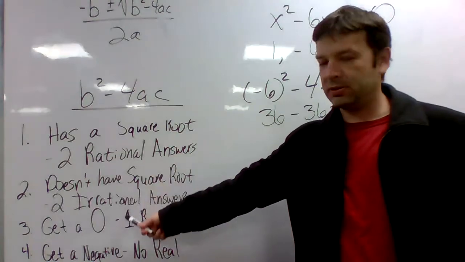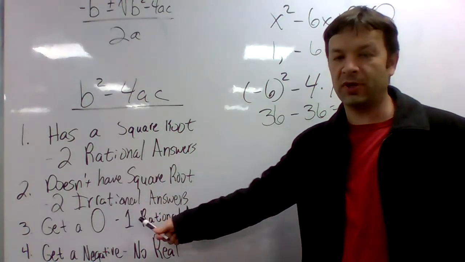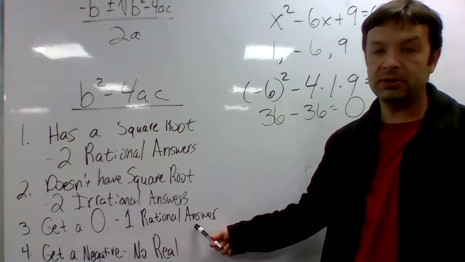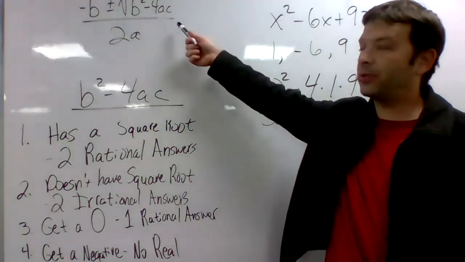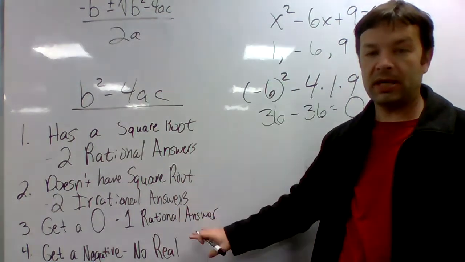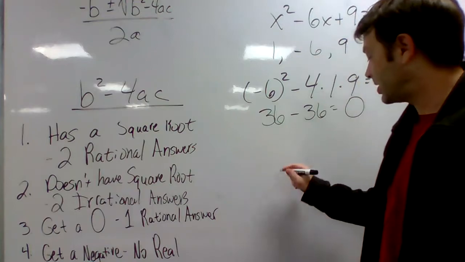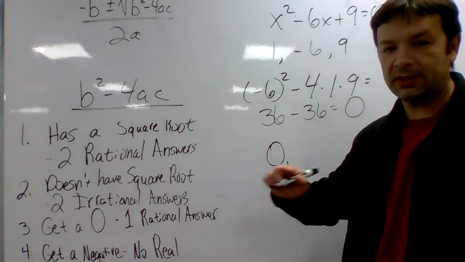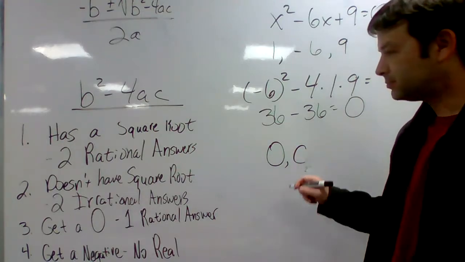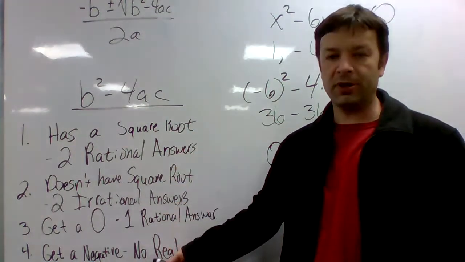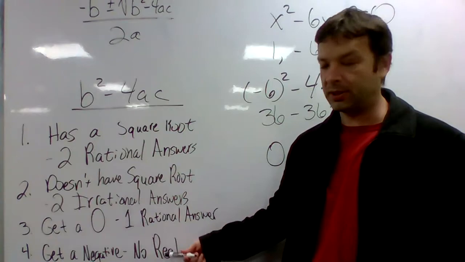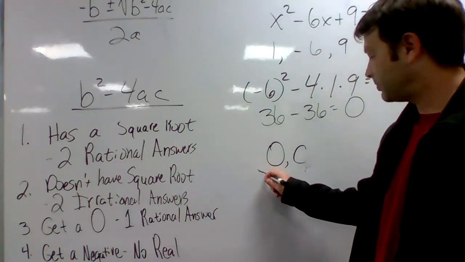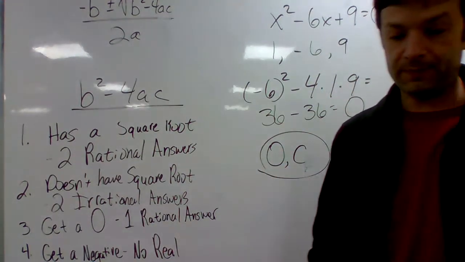Okay, if we get a 0, we should get 1 rational answer for the whole thing if we were to work it out. So our answer is 0 and 1 rational answer. That's option C. My 1, 2, 3, 4 here is like their A, B, C, D. So that would be the answer to number 9.